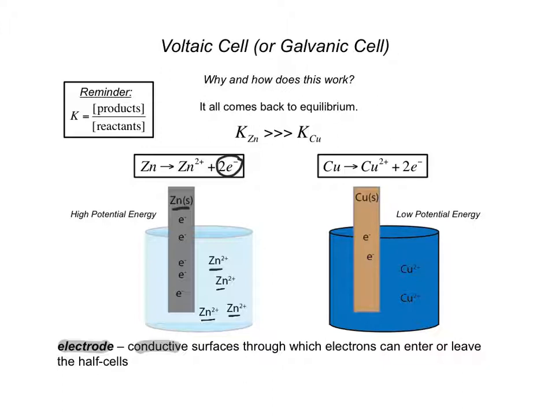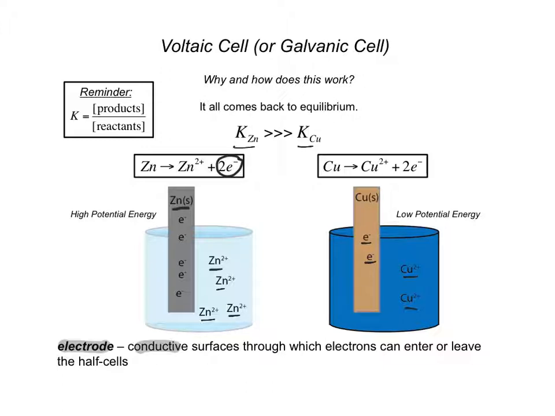It doesn't have as great a tendency to ionize on its own, meaning that it has less electrons and it produces less of these copper 2+ ions in solution, okay? If we go back to equilibrium, the equilibrium for this overall reaction for zinc is much, much, much greater than it is for copper, okay? So this is before we've done anything. This is before we've connected these two via any type of external wire, okay?